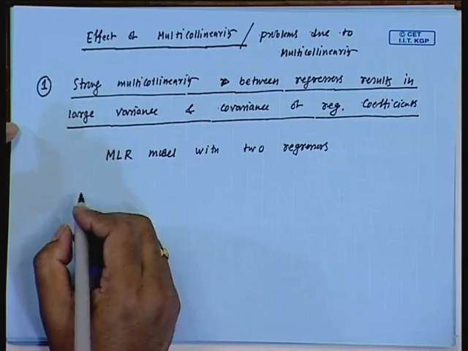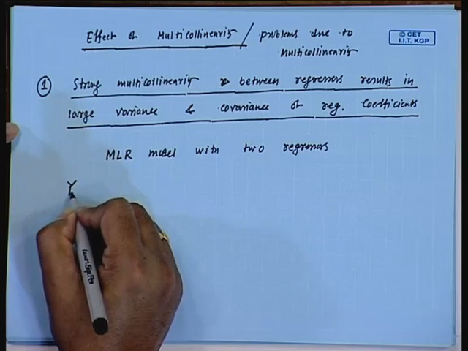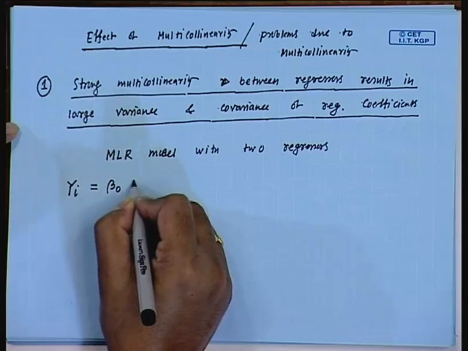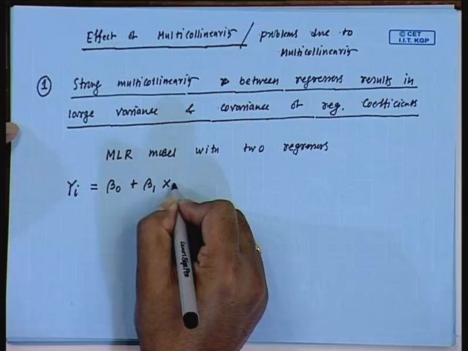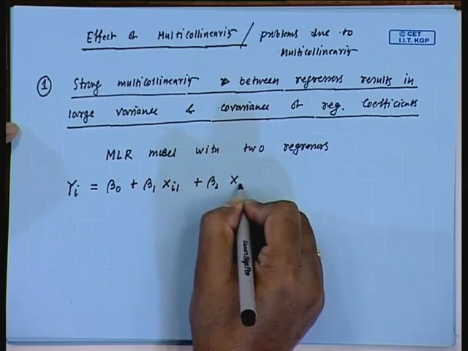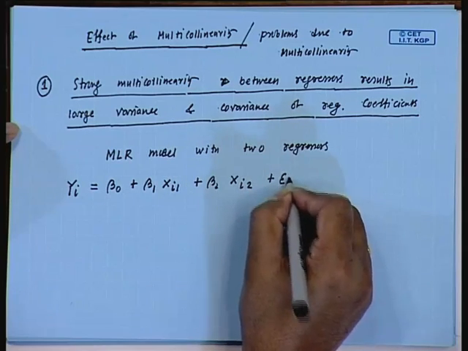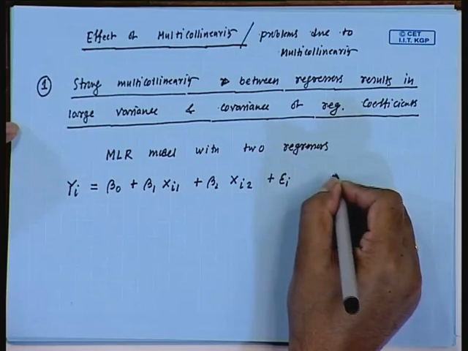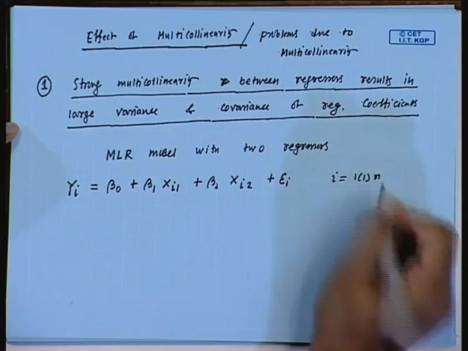Right. So my model here is yi equal to beta naught plus beta 1 xi1 plus beta 2 xi2 plus epsilon i. So this i stands for the ith observation. So i is from 1 to n.